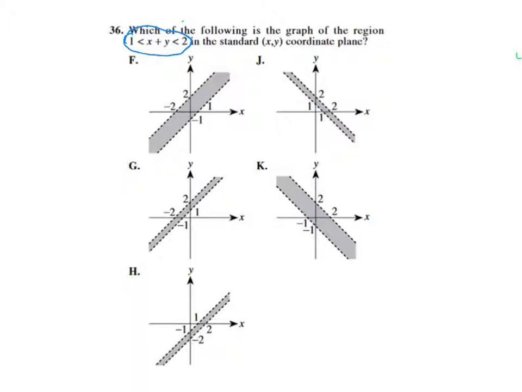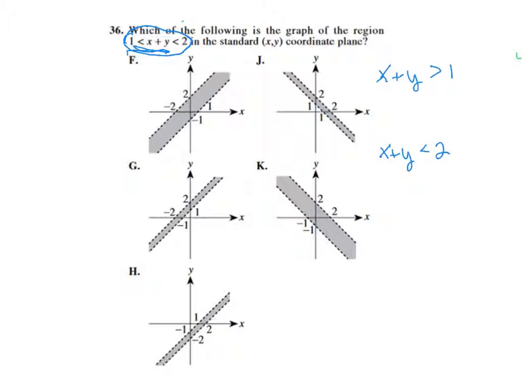First, we have 1 is less than x plus y, which would be the same thing as x plus y is greater than 1. And then the other part of that statement, we have x plus y is less than 2.